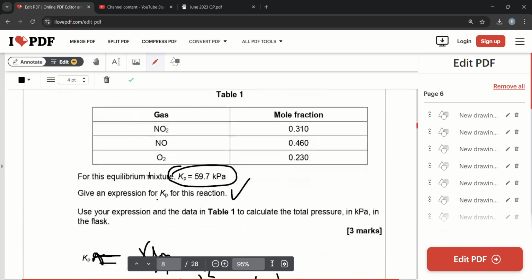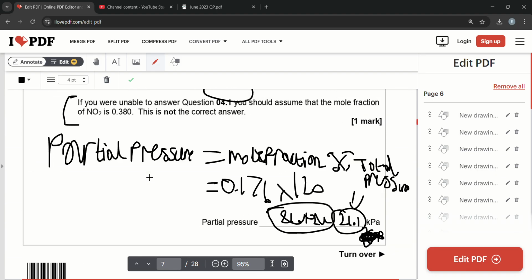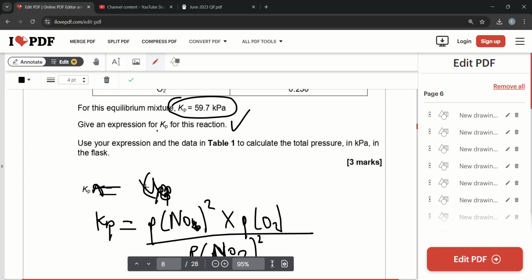We're trying to find the total pressure. So surely it's going to be partial pressure divided by mole fraction. And because we know Kp is equal to this, what we're trying to find is the total pressure.